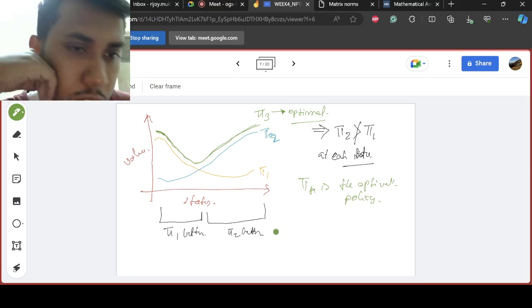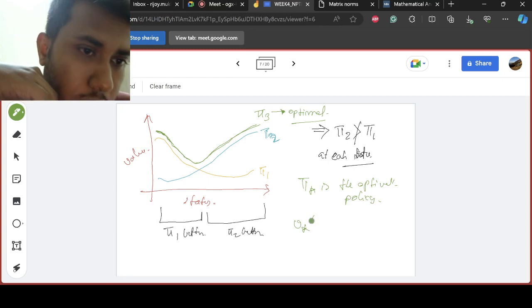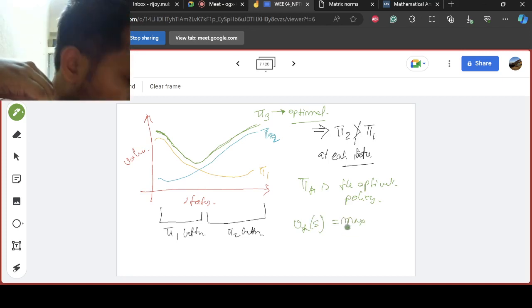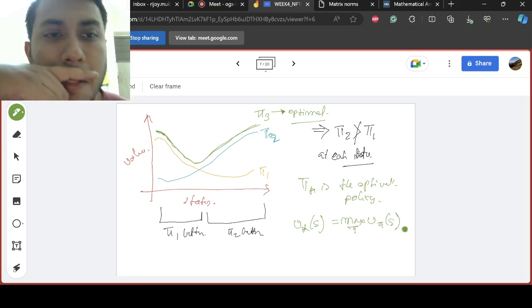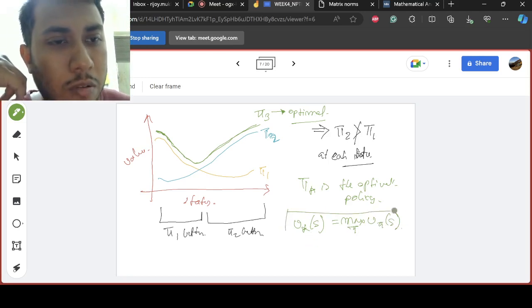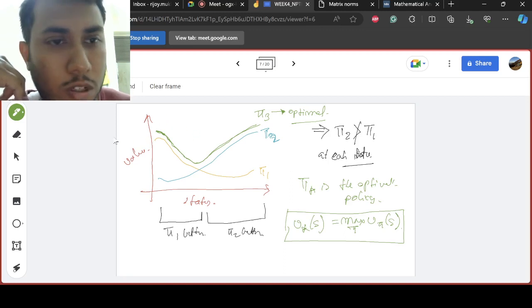Then your V star at S will be the max. We will select the pi which gives the max at S, right? Now can this be visualized by this graph which I have drawn?